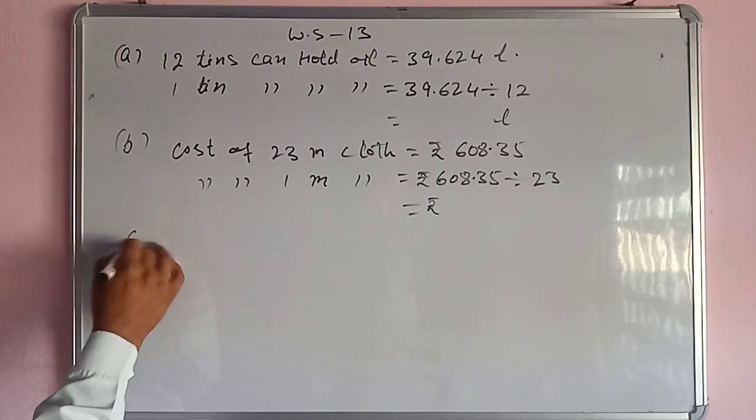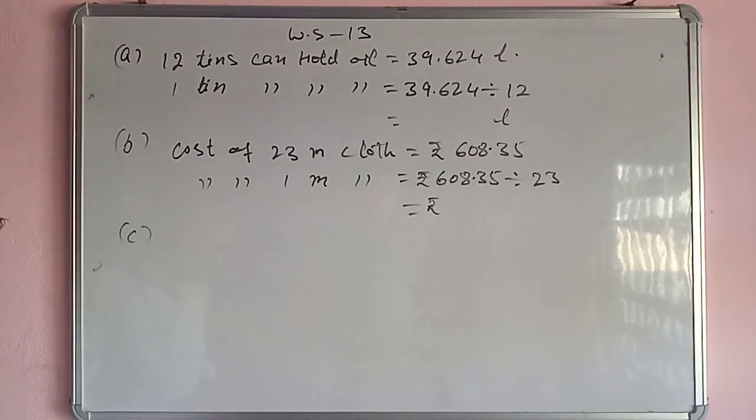Okay. Next, in part C, I have a 7.5 meter long ribbon and I want to cut it into 1.5 meter long pieces. Then how many pieces will I get?